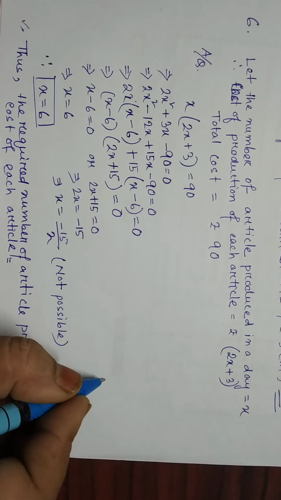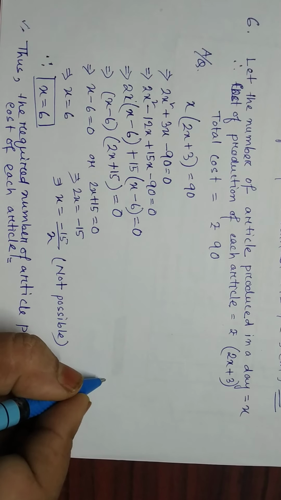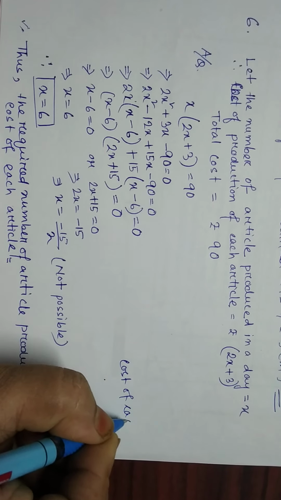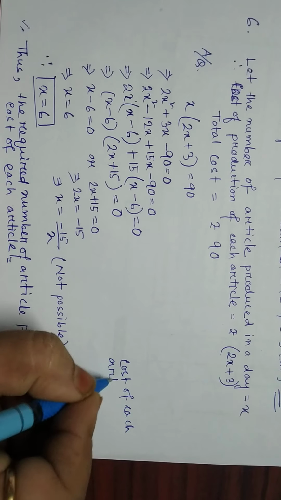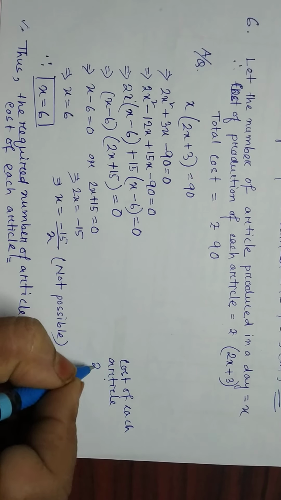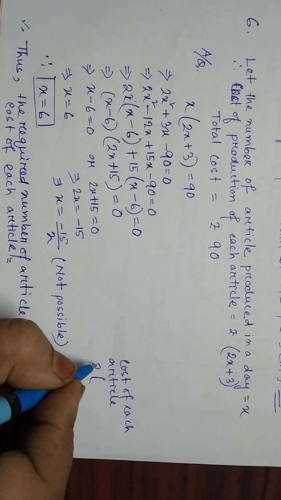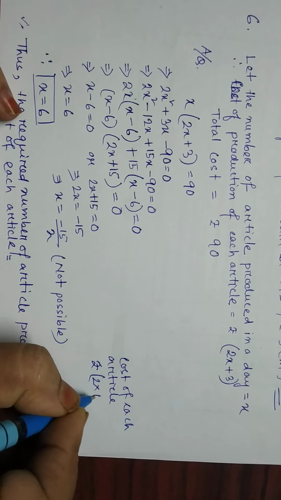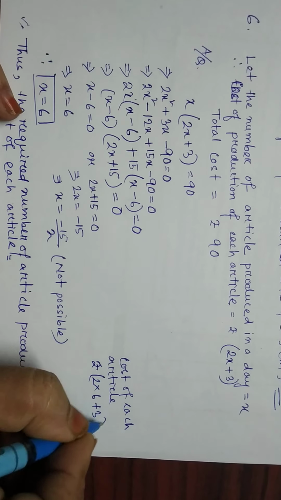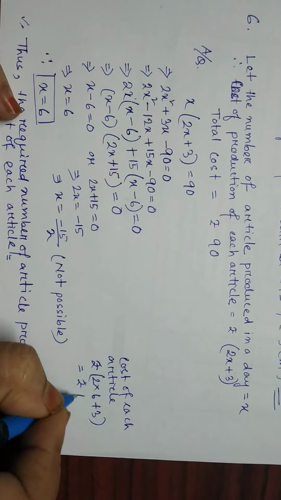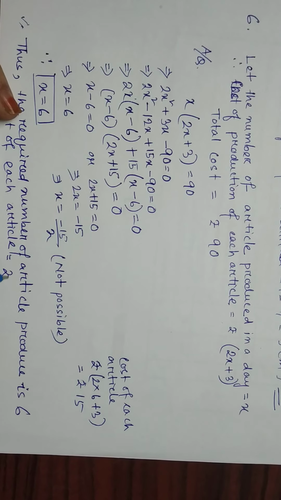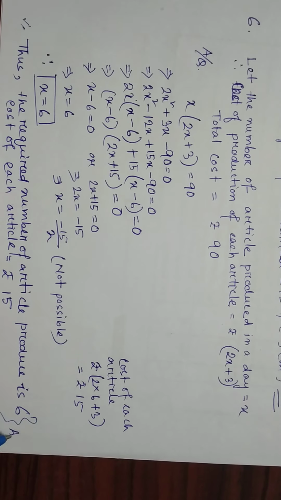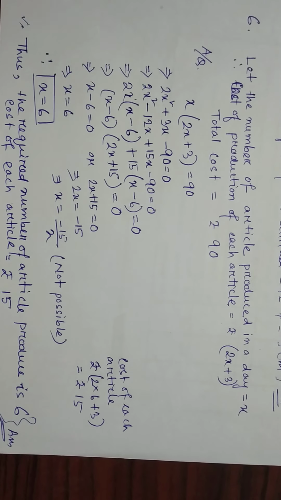The cost of each article is 2 into 6 plus 3, that means rupees 15. Therefore the cost of each article is equal to rupees 15. That means this one is our answer. I hope all of you understand.